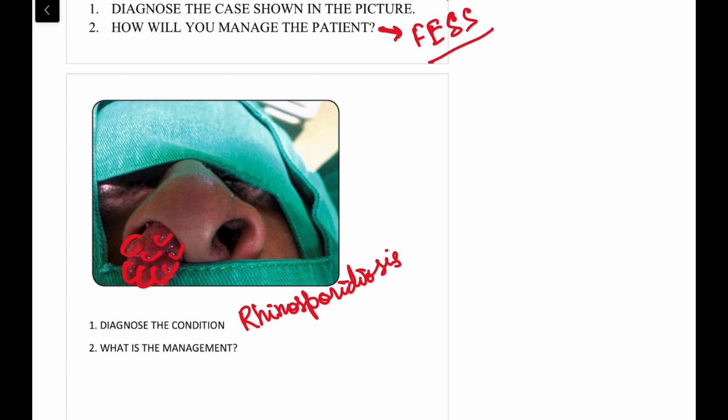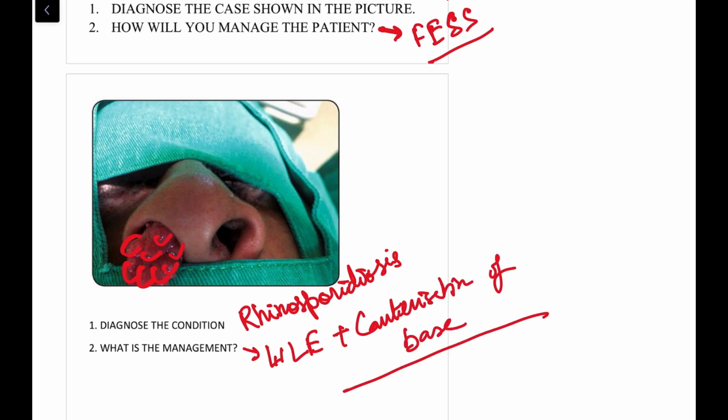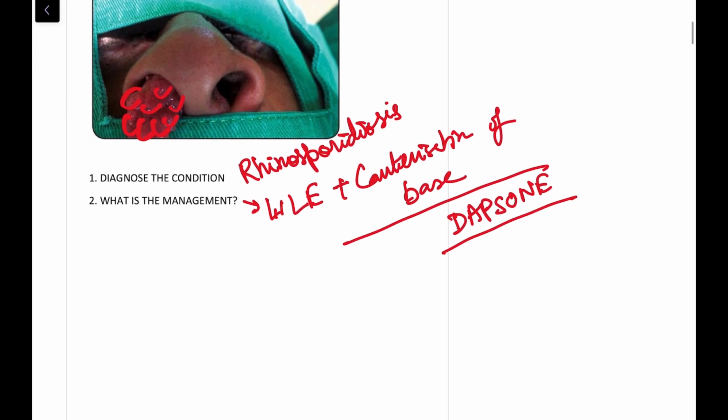And for management, again to the point, you should write wide local excision with cauterization of base. Now you need not write the medical management here, but you must remember that dapsone has a role if you may be asked in cross questioning.